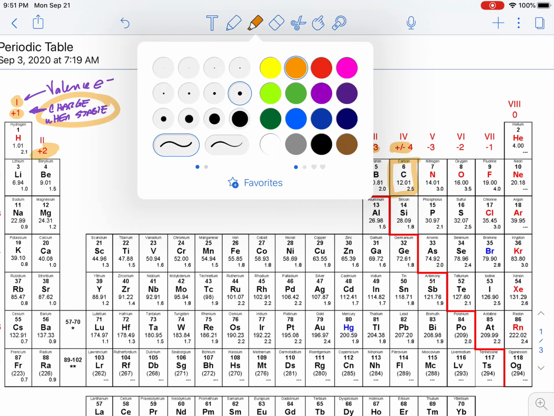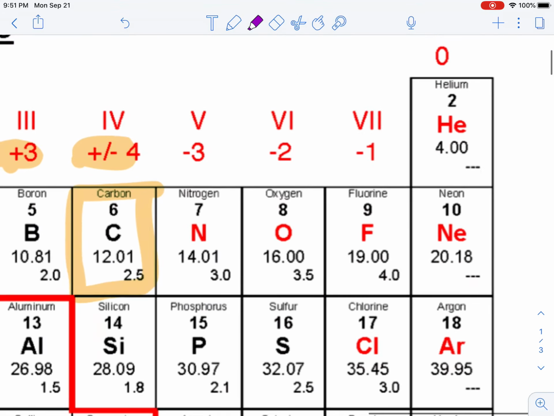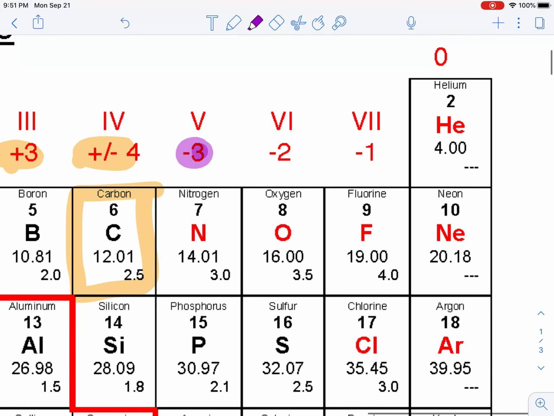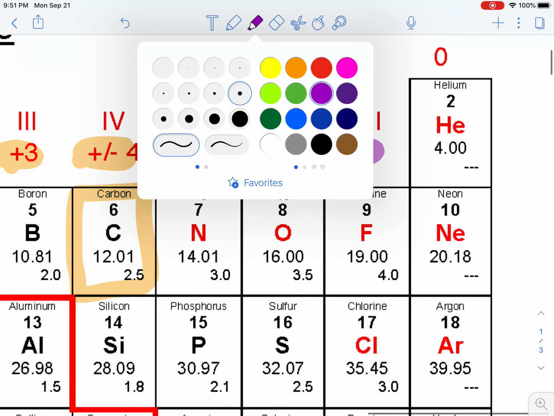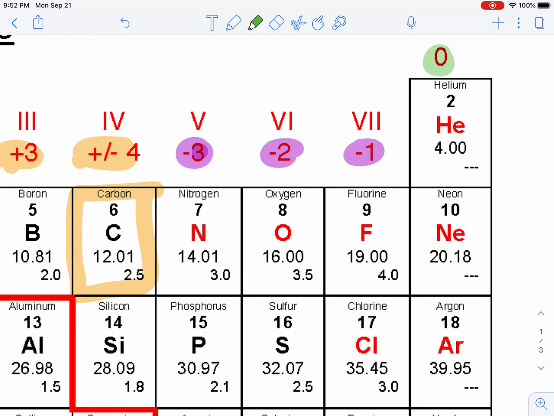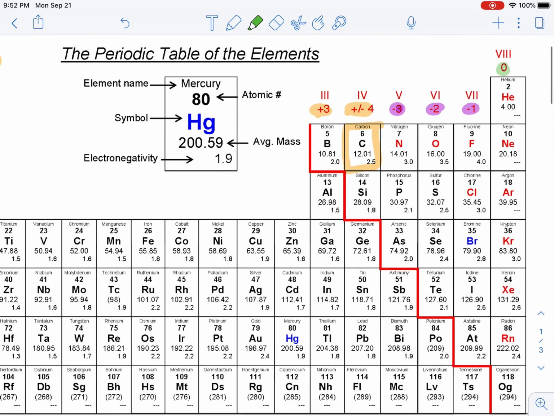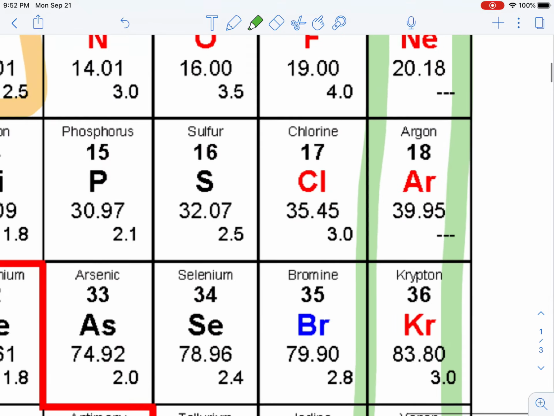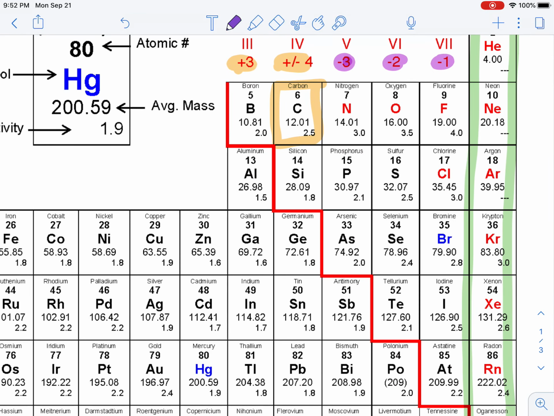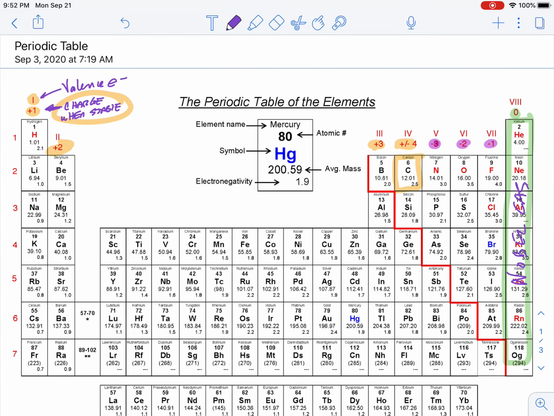Main categories. You have the positives, you have the negatives, and we do have neutrals. If you remember, these are the noble gases. I'll put a little note here: noble gases. Those are inert.